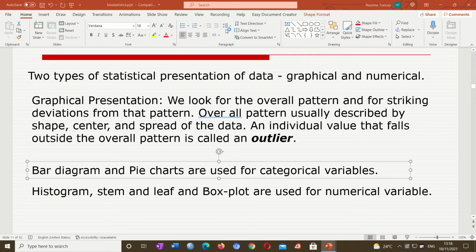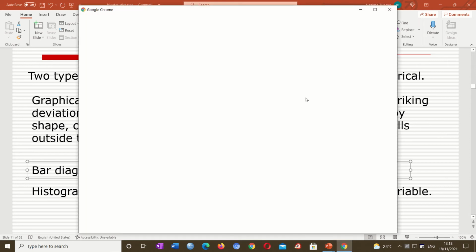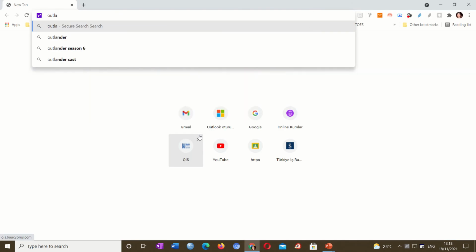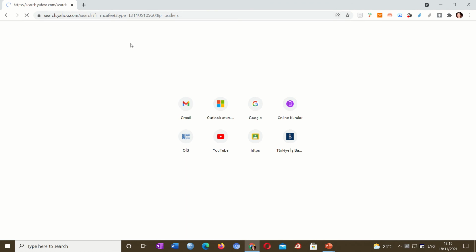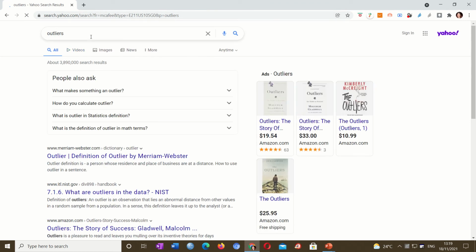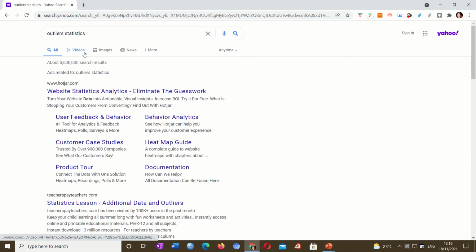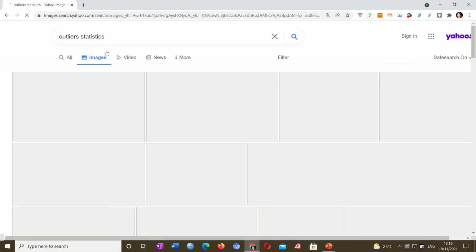Now, let me show you outliers. For this, I am going to directly search from here instead of drawing you graphs. Outliers. Let's see the images here.